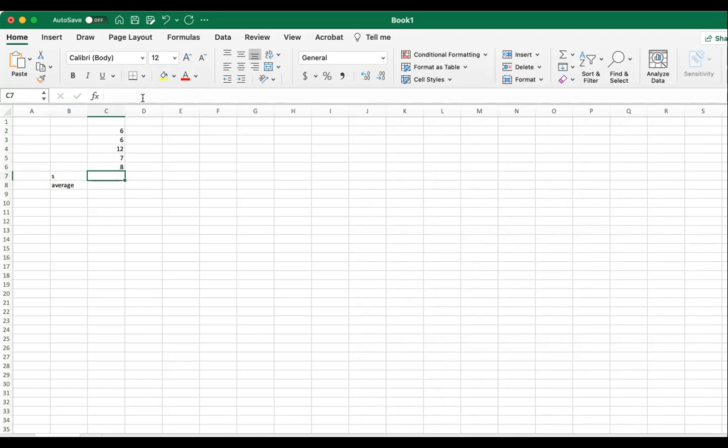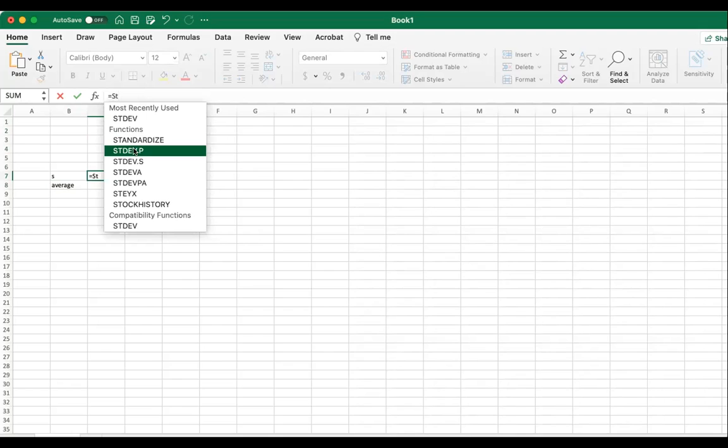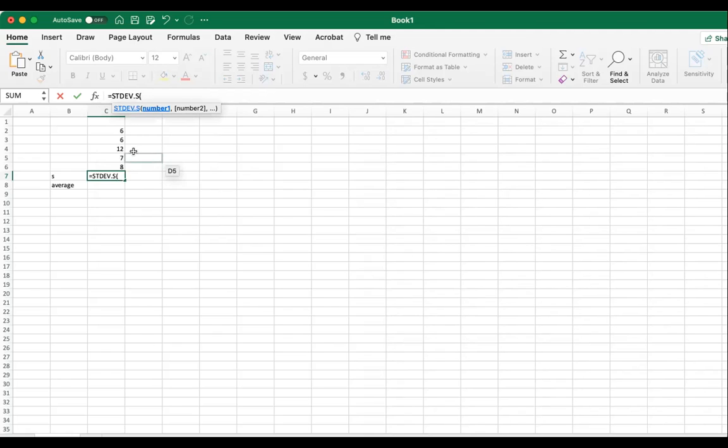In the formula bar, you type equals standard, and the functions come up. There's standard deviation for the population and standard deviation for the sample. Since we're talking about a sample, we might want to use this one. We click on it, auto drag it down, finish the bracket, and press enter.